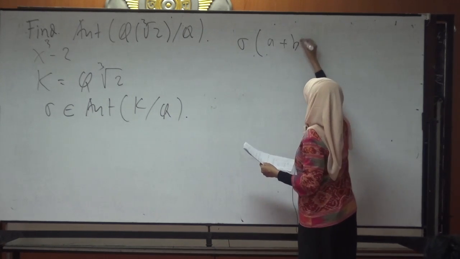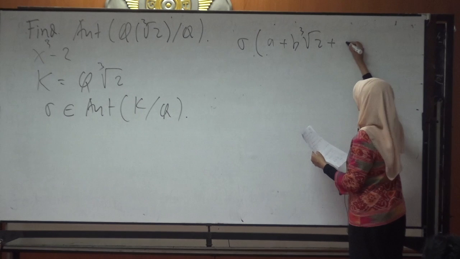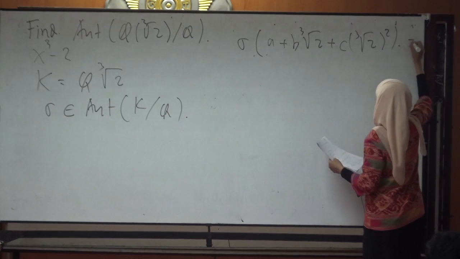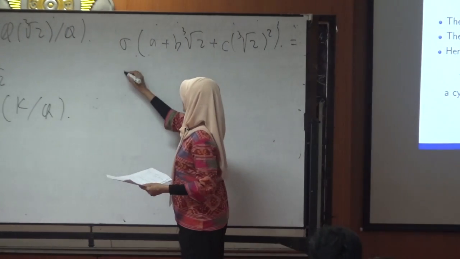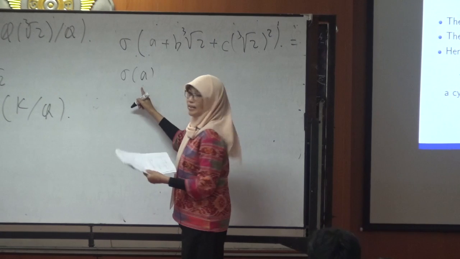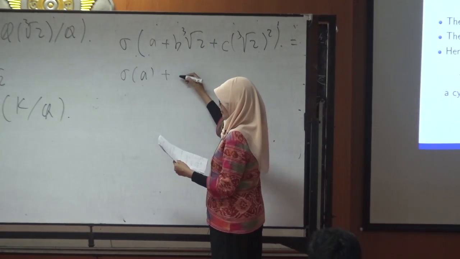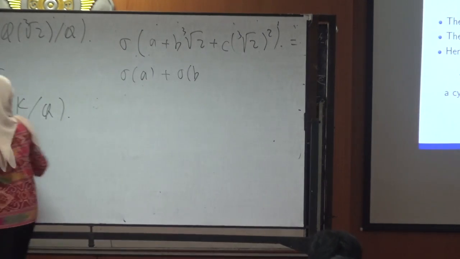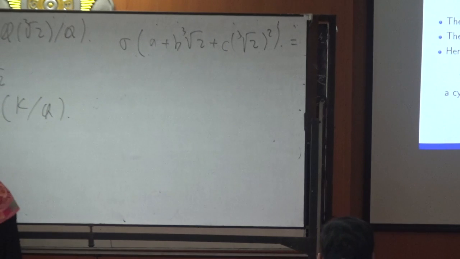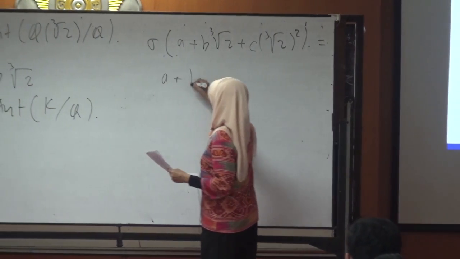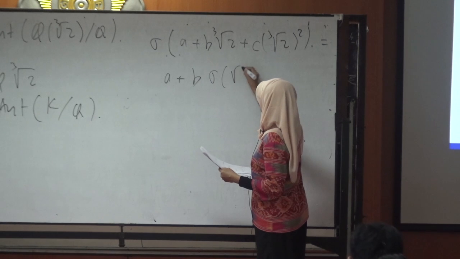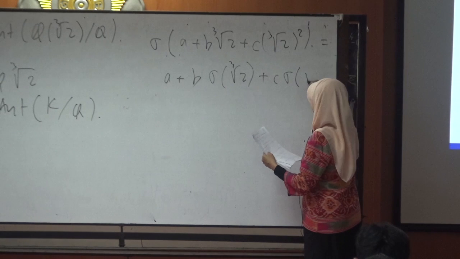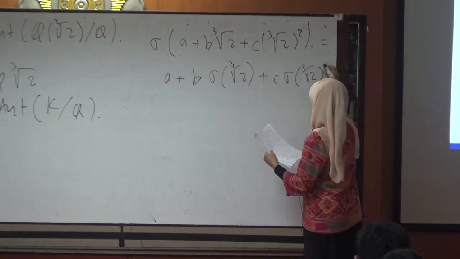This is A plus B third root 2 plus C third root 2 squared. Sigma of A is equal to A itself, B is B itself, and this is sigma of third root 2, and this is C sigma of third root 2 squared.